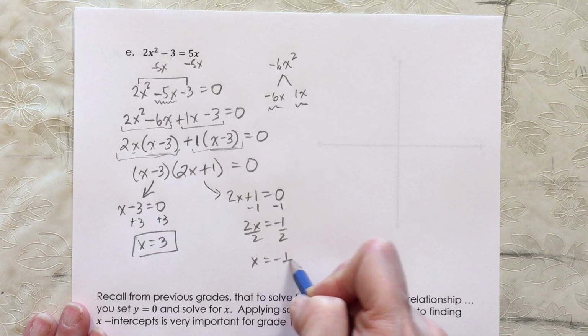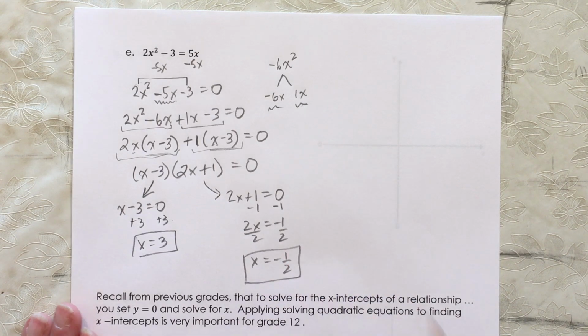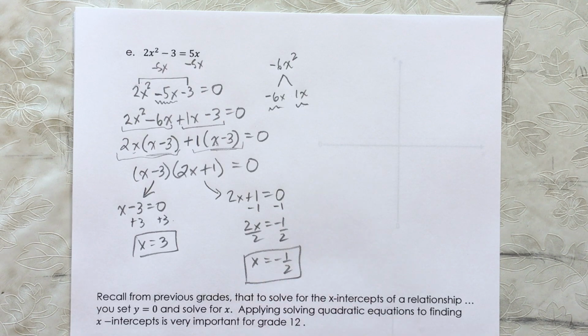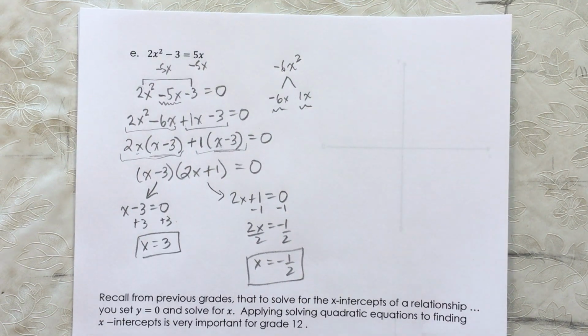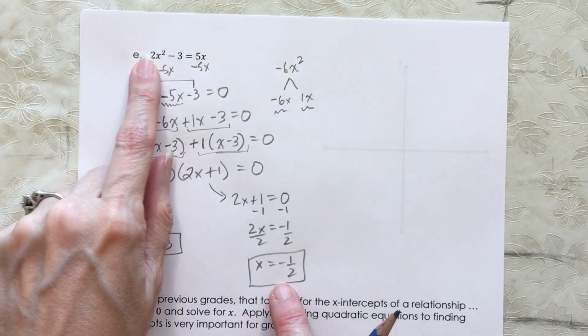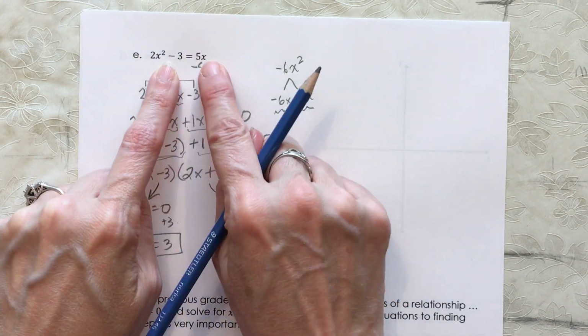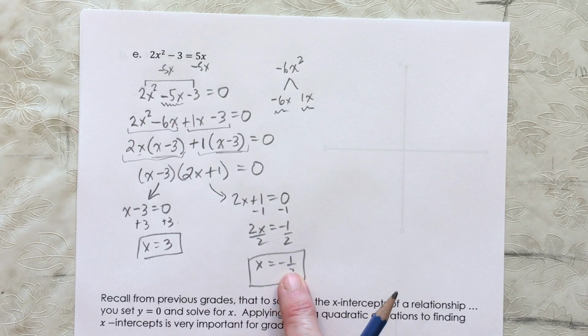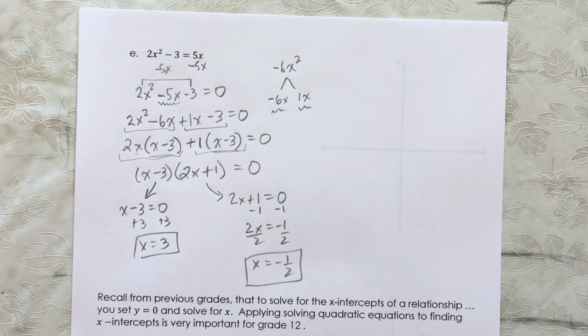X equals negative 1/2 is our other solution. There are 2 exact solutions, an integer and a rational number, a negative fraction. And that means that if we were to sub 3 into our original, left side would equal right side, and same thing with negative 1/2. So it's the values of x that satisfy the quadratic equation.